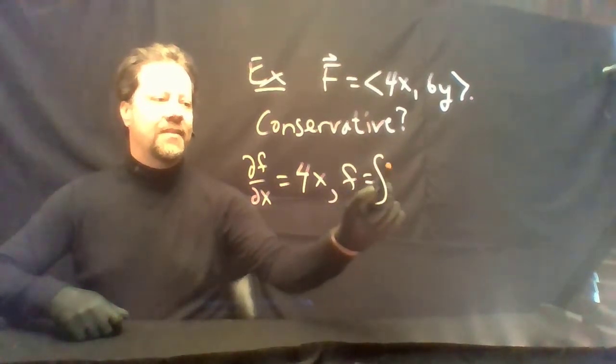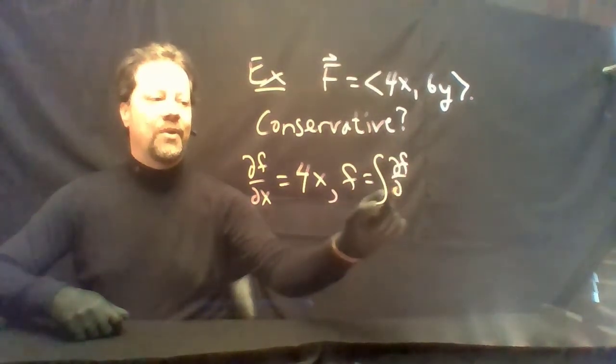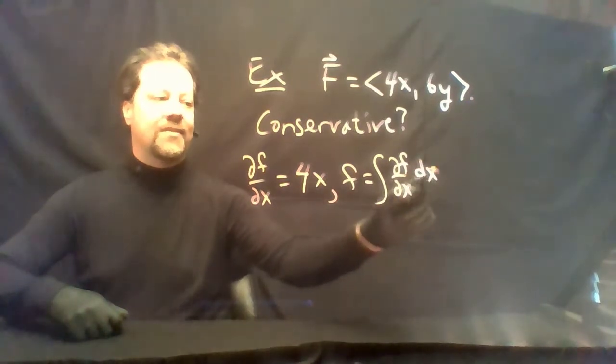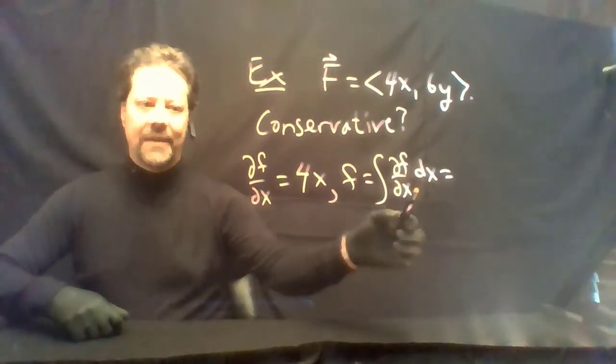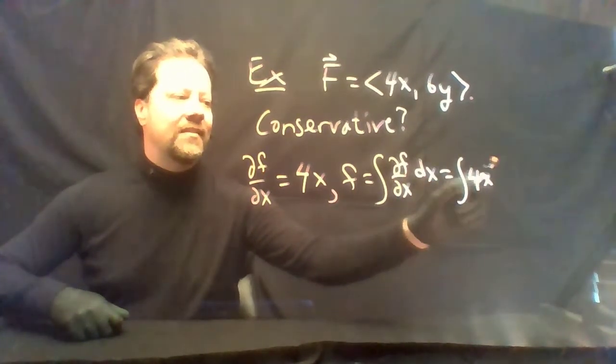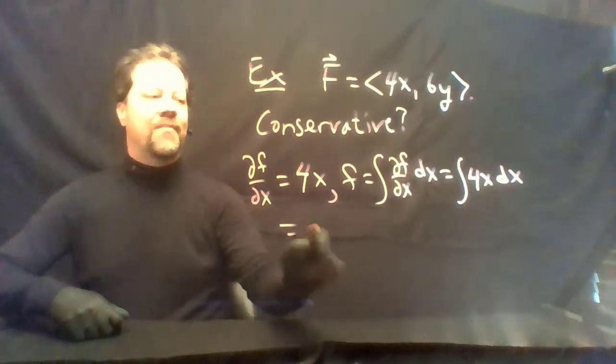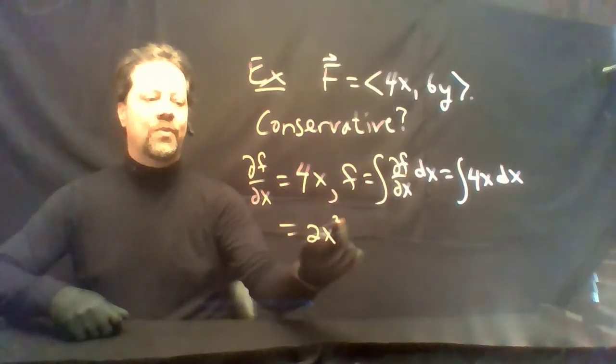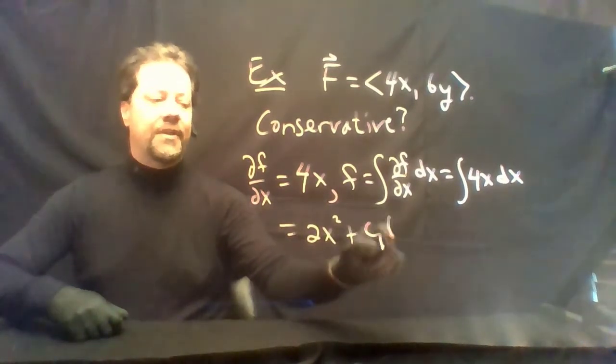That means that when you integrate the partial derivative with respect to x, you will get f. So when you integrate 4x with respect to x, you get 2x squared plus an arbitrary function of y.